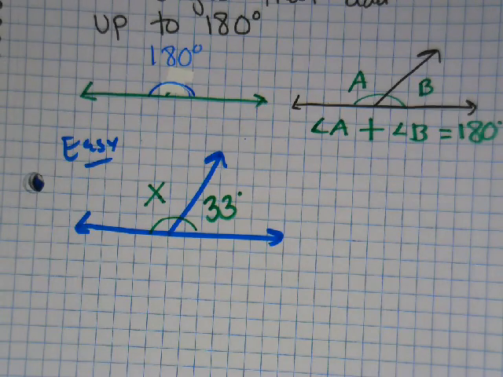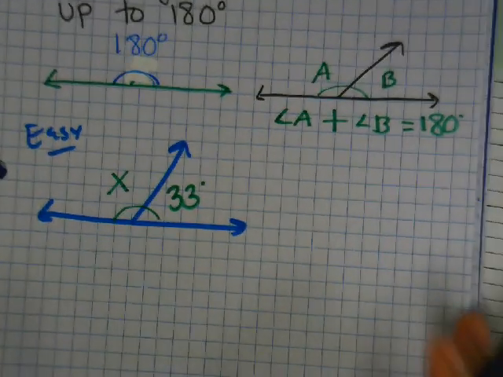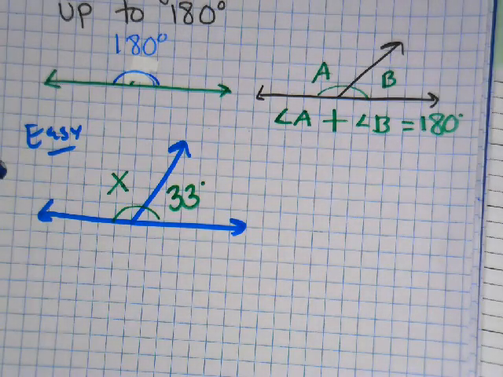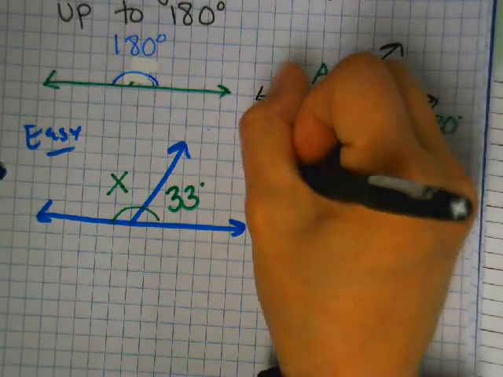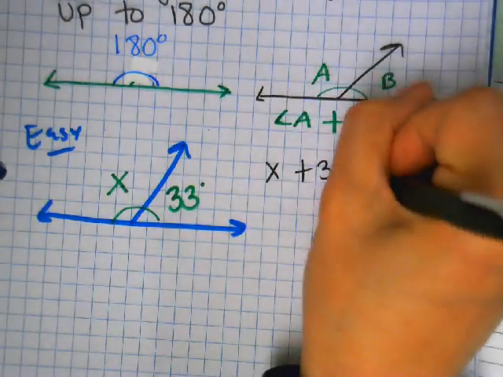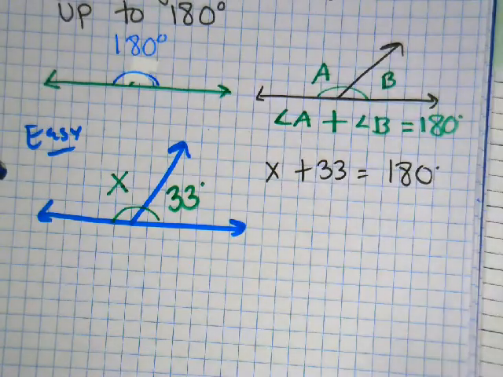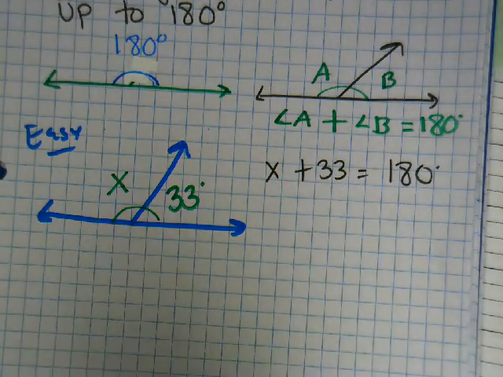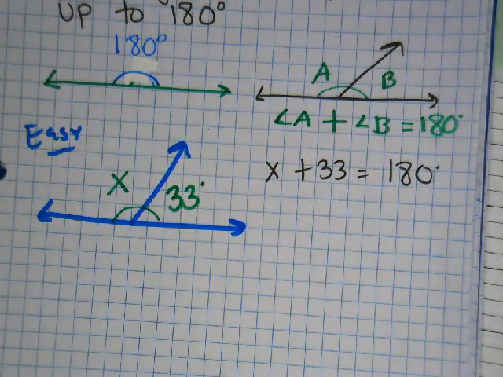Supplementary looks like a straight line. Complementary looks like 90 degrees. So this line looks 180. What equation should I write down for this easy problem? Remember, I graded the equations. X plus 33 equals 180. Love that. Good job. The trick now, Dylan, is figuring out, does it equal 180 or does it equal 90? And that's how I'm going to confuse you.